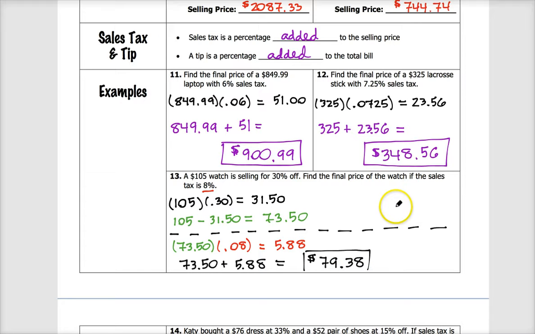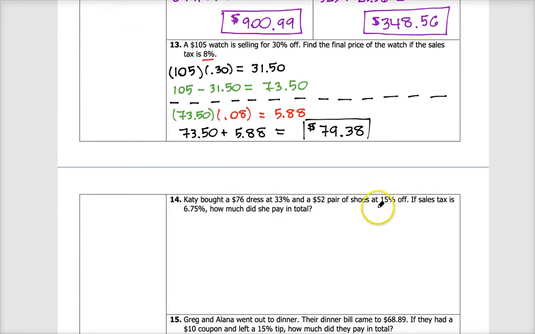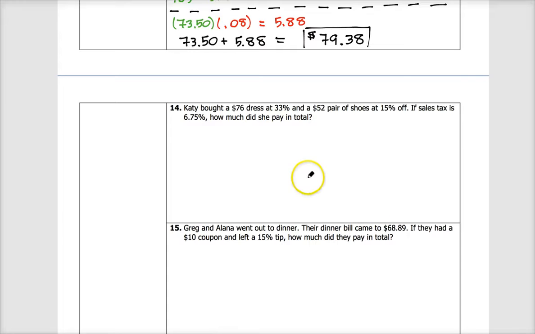Okay, number 14, it says Katie bought a $76 dress at 33% and a $52 pair of shoes at 15% off. If sales tax is 6.75%, how much did she pay in total? Okay, so this is sort of like a three-part problem. The first thing we need to find is what was the selling price of the dress.